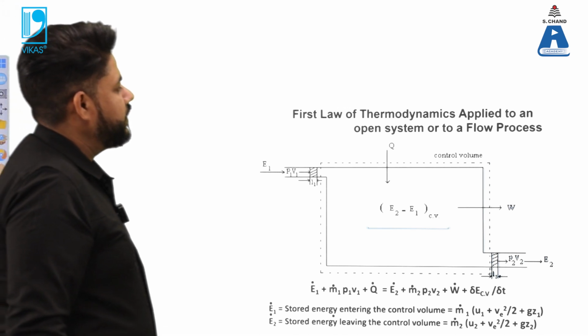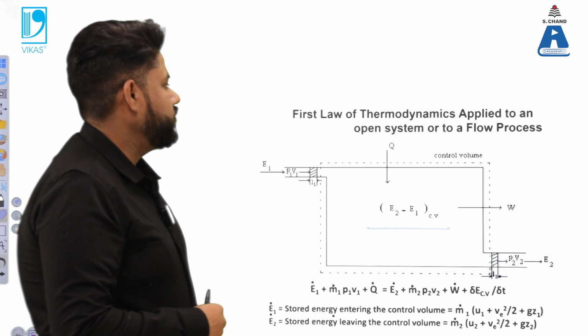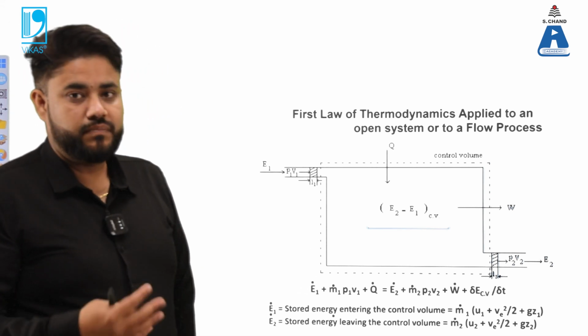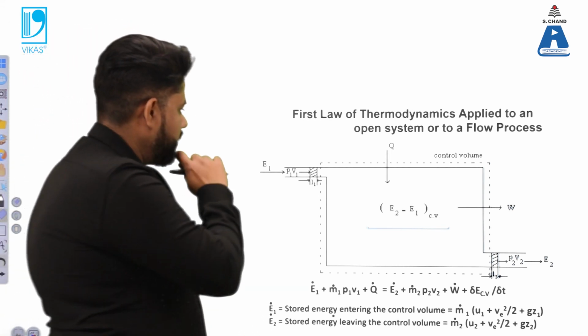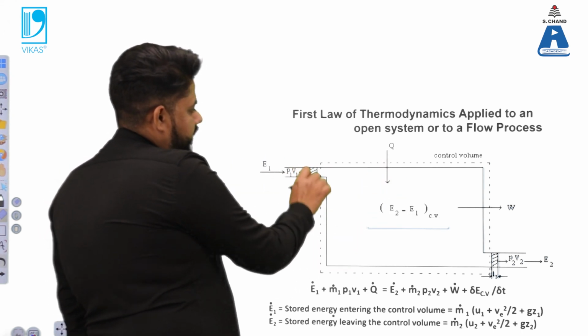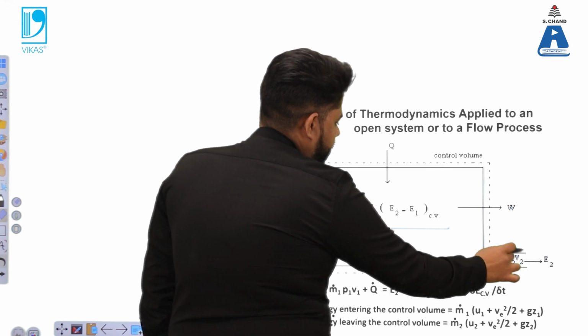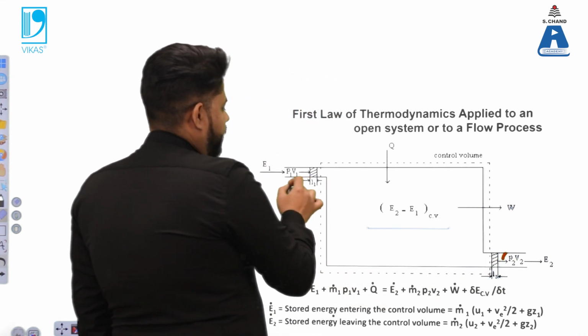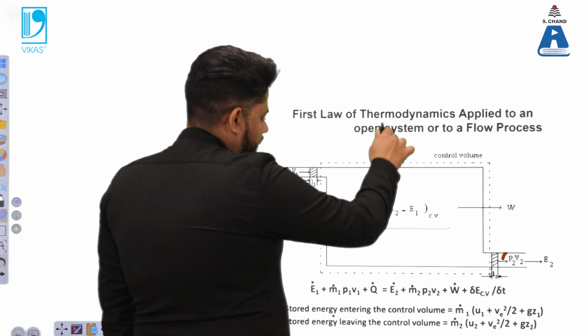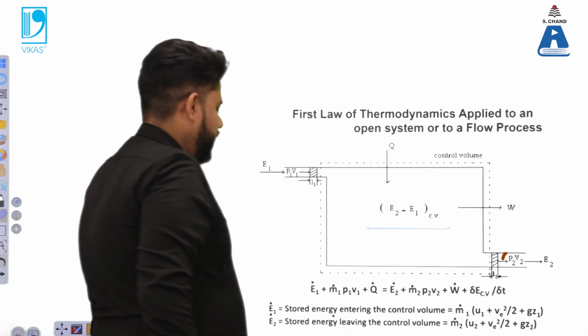Now you have this important derivation which is related to the first law of thermodynamics, and that is applied to the open system. You can see that there is a channel in which energy is entering and energy is leaving, and you have taken two cross sections, P2 V2 and P1 V1, and you are supplying some energy into the system, and the work is being done.